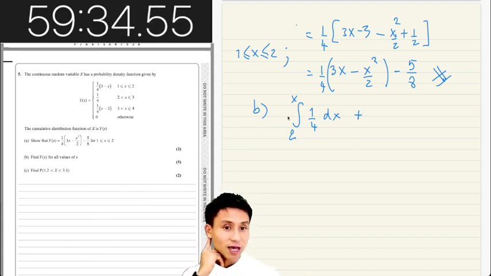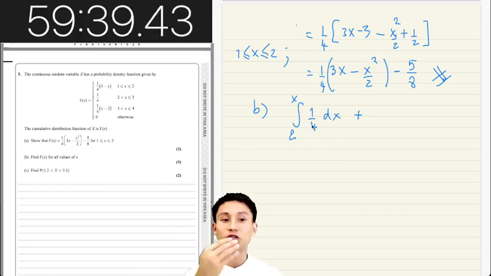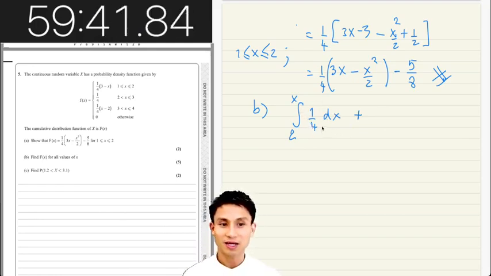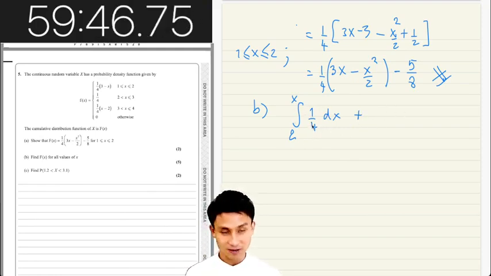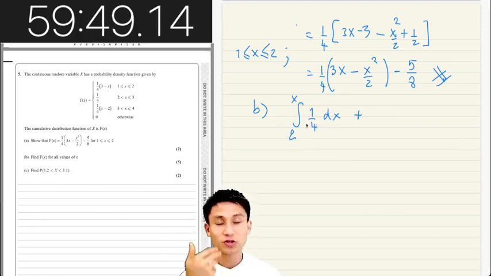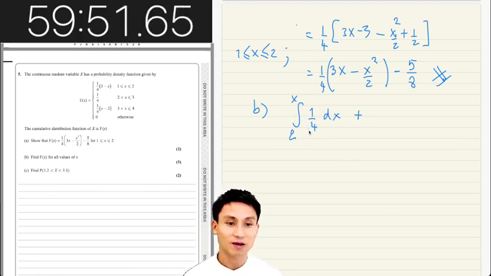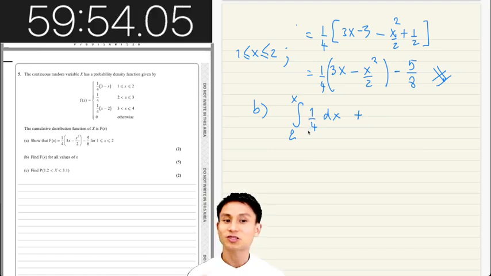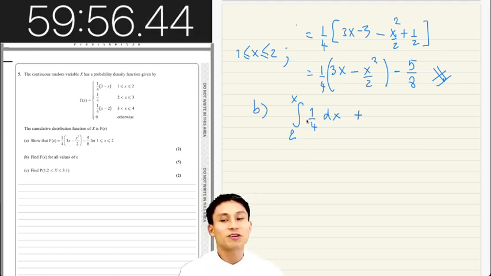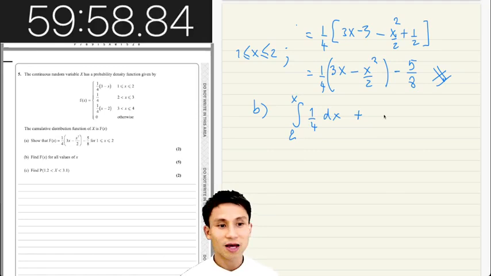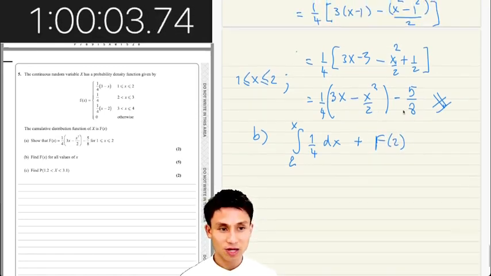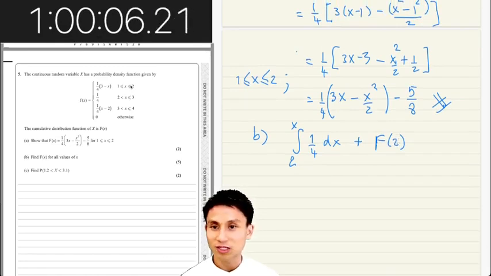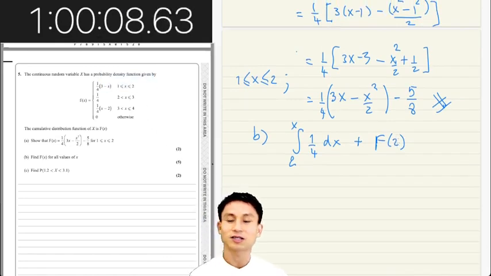If you only have this without adding another part, and you put 2 in the formula, it's going to give you 0. You can try that. If you ignore this part and try to integrate, when you put 2 into your capital F of x function, you're going to get 0, which is not right. So it's got to account for the previous area, and we can find that by substituting 2 from the first equation here. We substitute 2 in here because 2 is the upper bound of this first function.